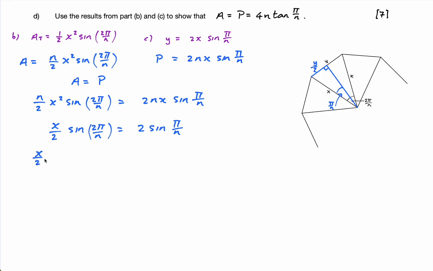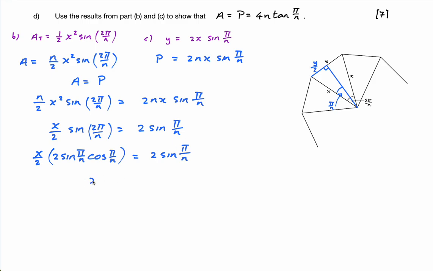That gives me x over 2 times, so the double identity is 2 sine pi over n cos pi over n. It's sine of 2 theta equals 2 sine theta cos theta, and this is equal to 2 sine of pi over n. Okay, now I have a 2 sine pi over n and a 2 sine pi over n, so they actually cancel.